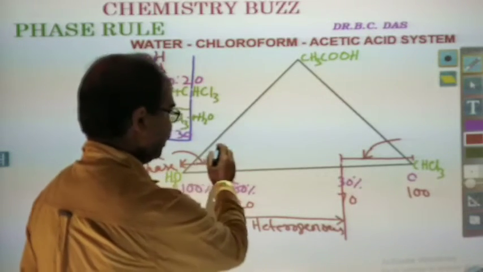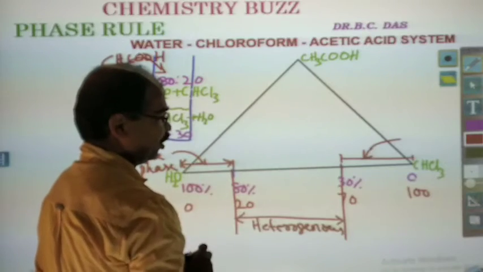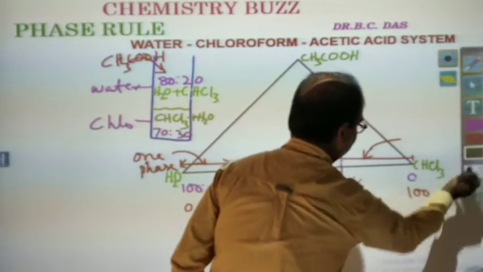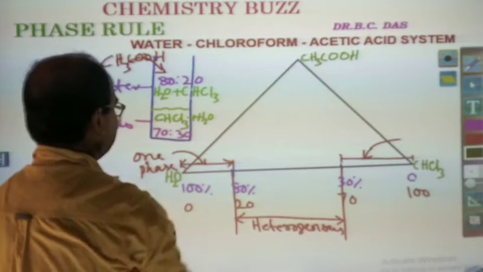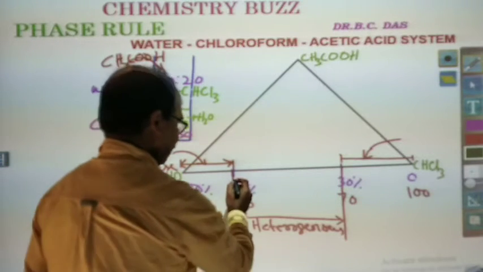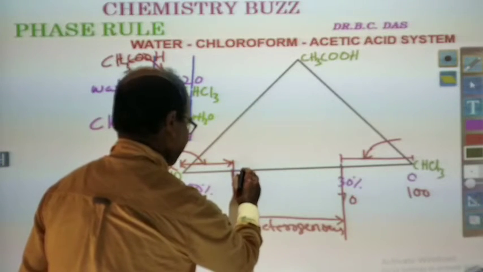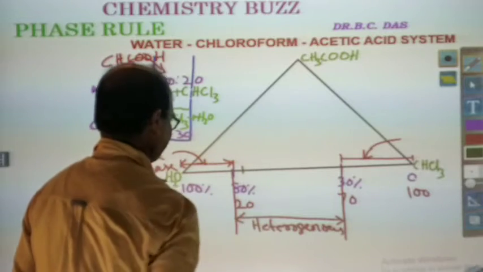Suppose we have added 5 mole of acetic acid. Then, if this is the composition.